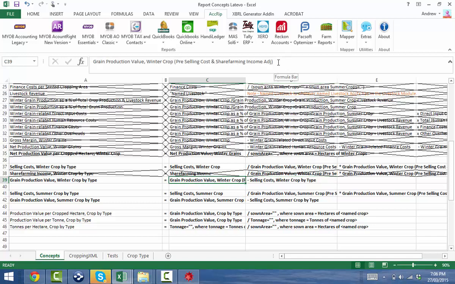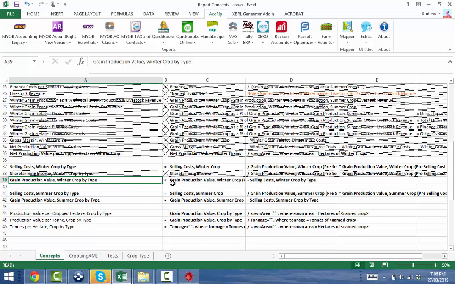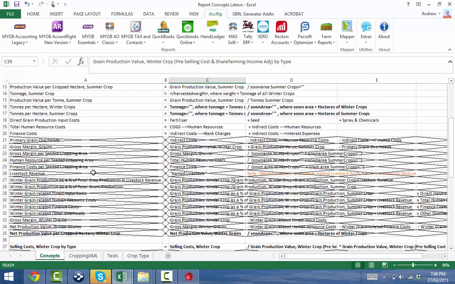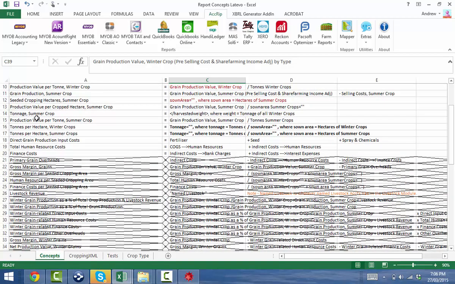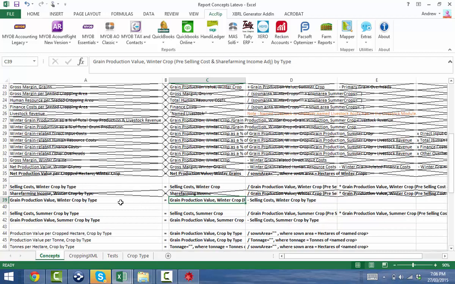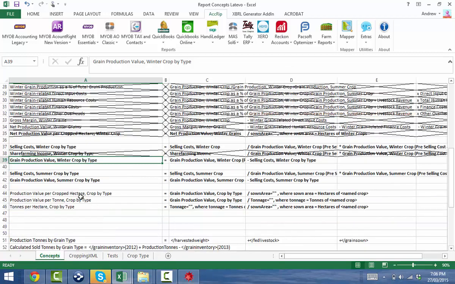So this is by type. Sorry, I'm messing up here. Grain production value winter crop by type. Of course, it's the grain production value winter crop minus the selling cost. We're not factoring the share farming into this specific equation against a specific crop.